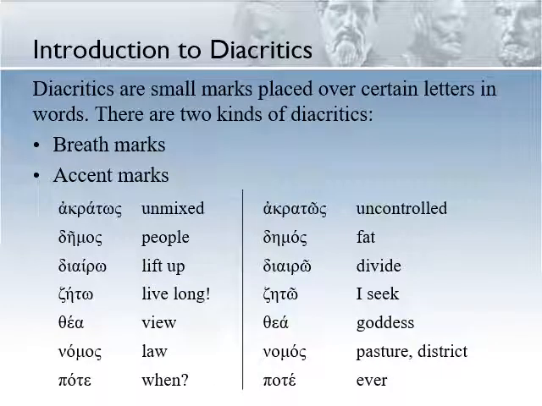Thea means goddess. Nomos is law. Nomos is pasture or district. Pote means when, but pote means ever. So you can see that the accent is important to learn along with these words. You must learn the accent with each Greek word that you will learn in this class.